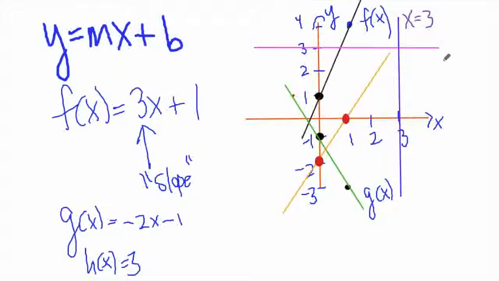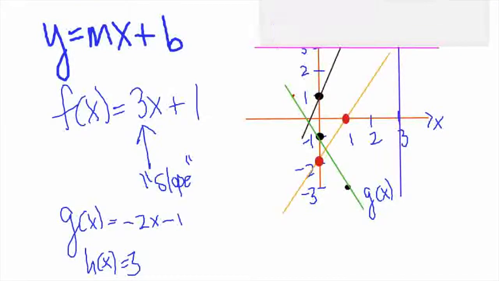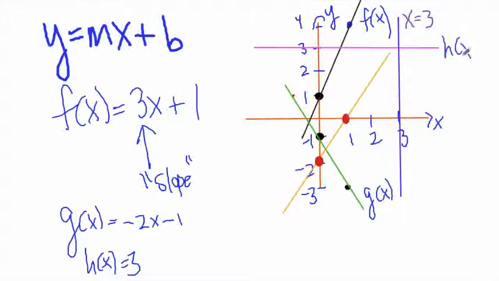Now if you wanted to know where lines intersect, for example, you might notice that the black and the light purple lines intersect. So in other words, f of x and h of x, those two functions intersect.